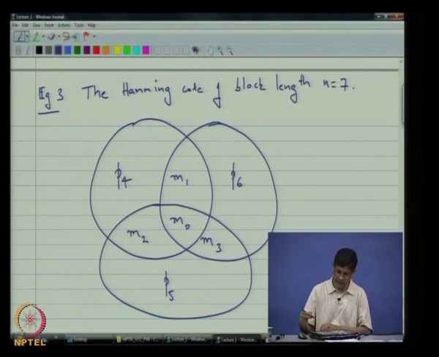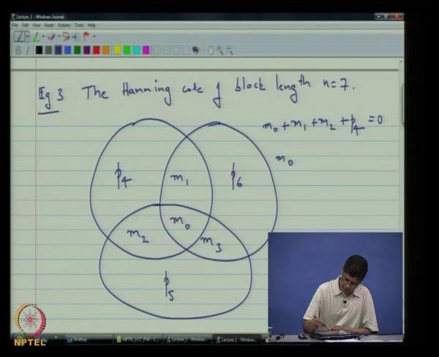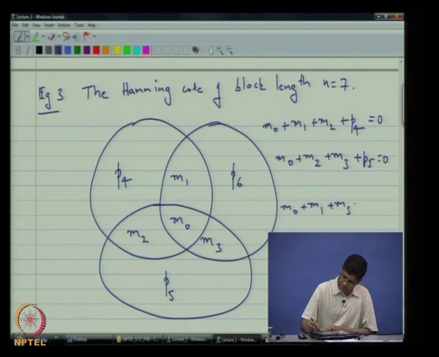So, in particular that means that the following equations must be satisfied, namely that M0 plus M1 plus M2 plus P4 equals 0, M0 plus M2 plus M3 plus P5 equals 0, M0 plus M1 plus M3 plus P6 is equal to 0.